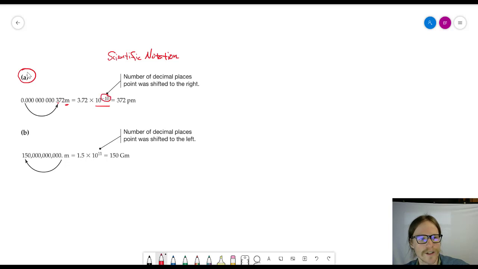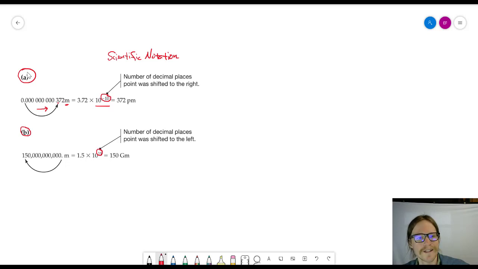If we shift it right, which we do in this case, that means it's a really small number because it's several zeros after the decimal. That's going to be a negative quantity. If we shift it left, as is the case with letter B here, that's going to equate to a positive exponential quantity.